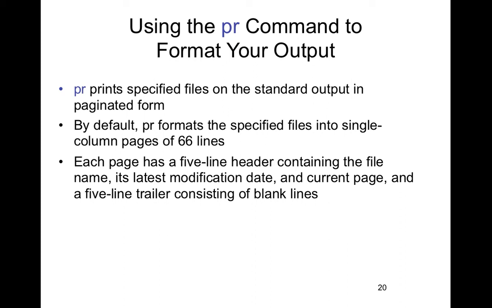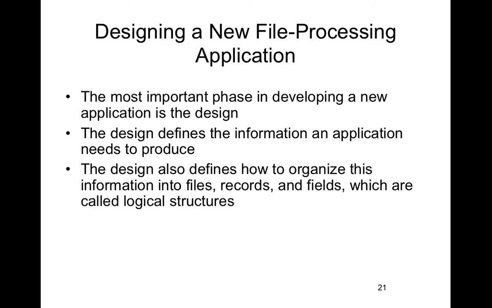Each page has a 5-line header containing the file name and its latest modification date. It's funny, because Microsoft Windows Notepad did the same format: on the top you get the file name and the date, and on the bottom you get the page number, page 2, page 3. It kind of followed the Unix print command, which is interesting.